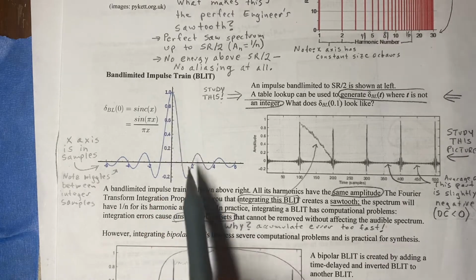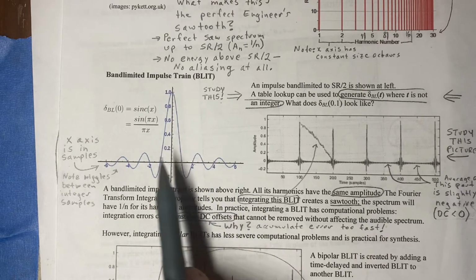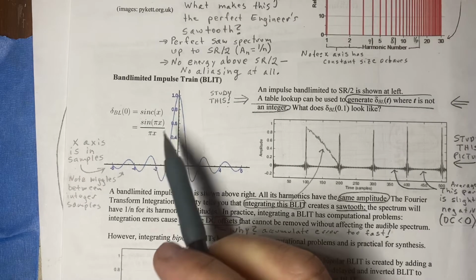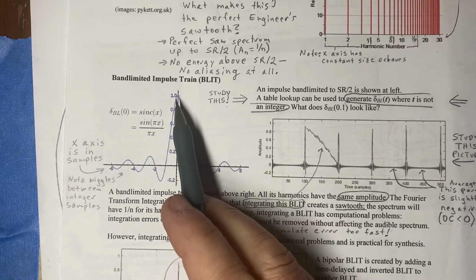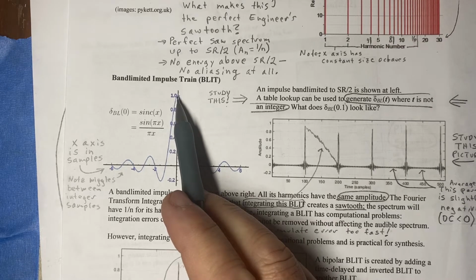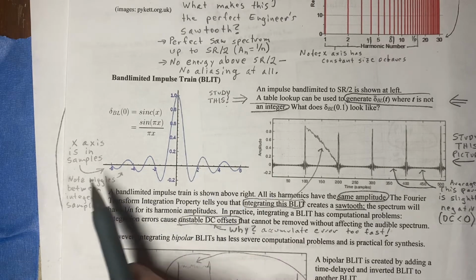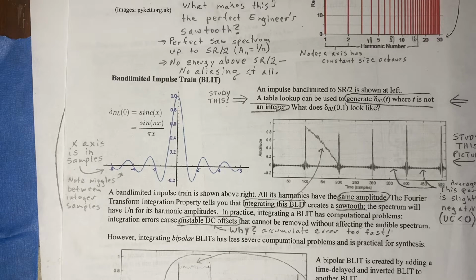From the center, it's always 0 if you're an integer number of samples away. So if you had an impulse that was exactly at the same instant as the sample time, you would actually see a 1 and then all these zeros, but that's never going to happen. That's sort of a toy example.